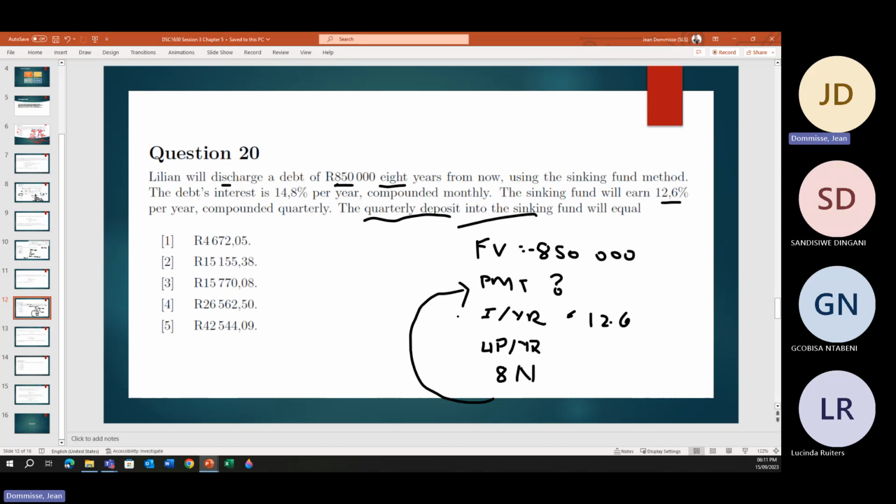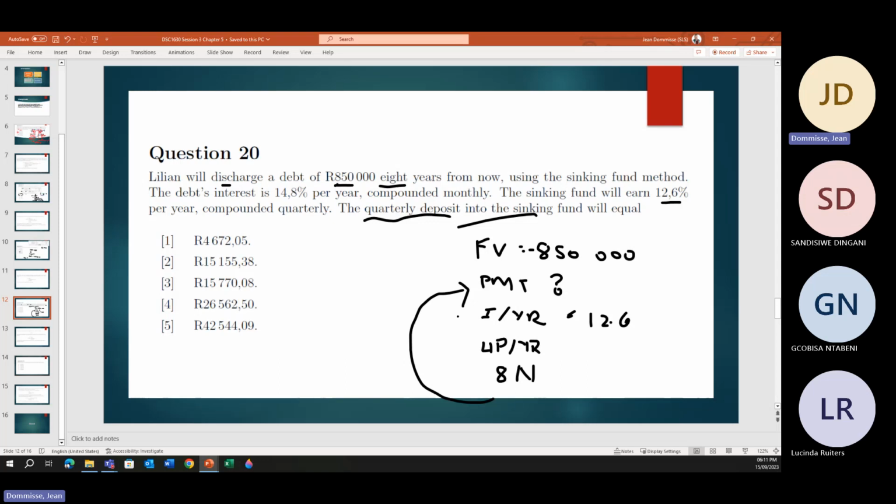So let me also just put that into my calculator. 850,000 future value. I normally just say my present value is 0, just so if there was something in the memory from a previous question, I just want to make it 0. 12.6 is the interest, 4 times per year for 8 years.